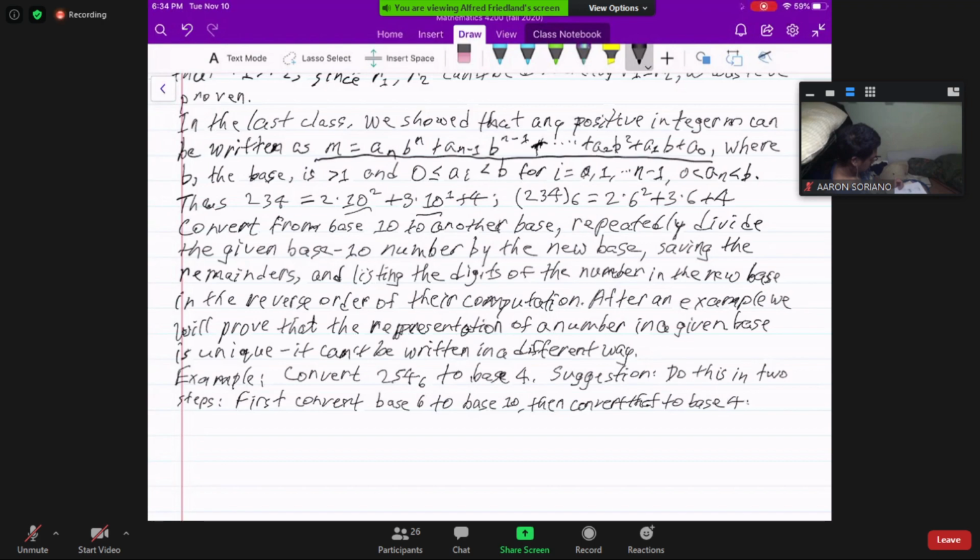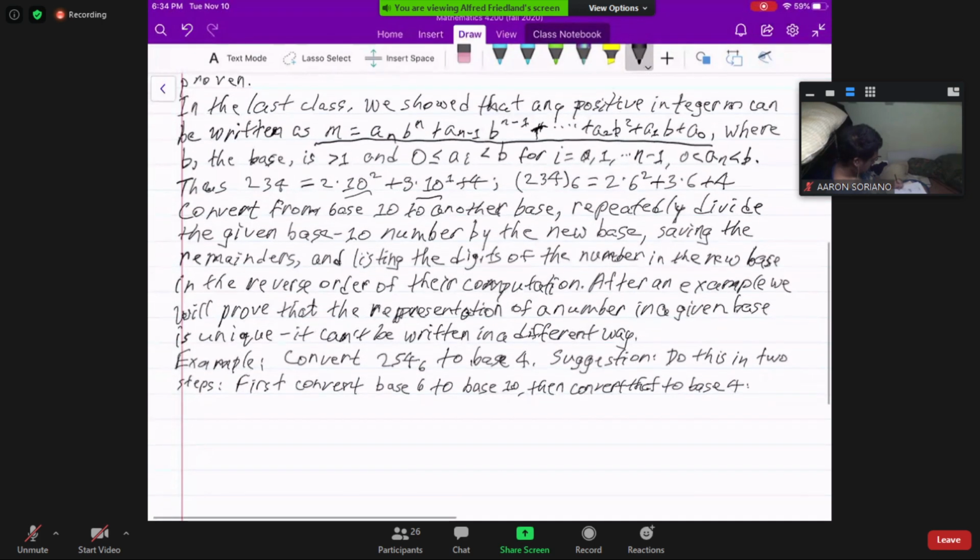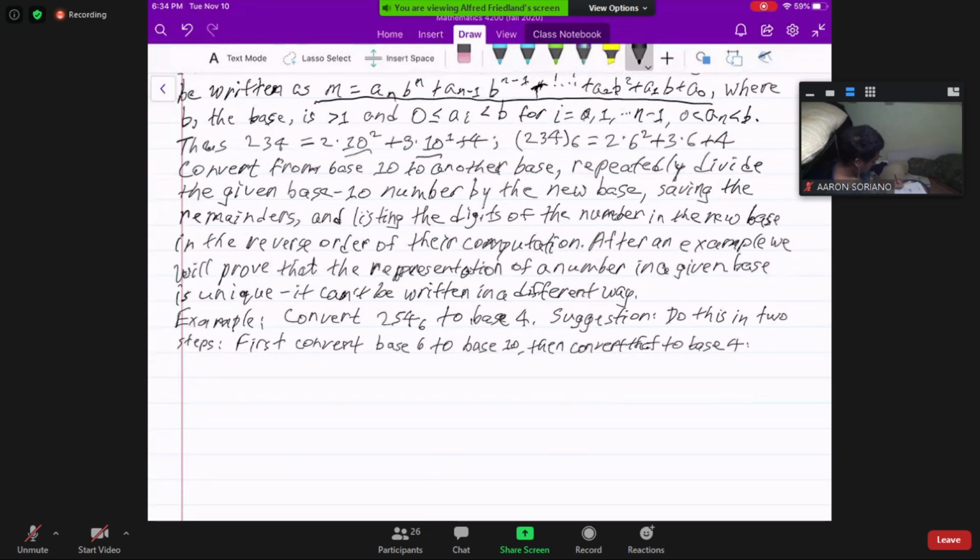So let's do both of these because this example will exemplify both of the computational methods that we had Thursday, and then we'll prove uniqueness.